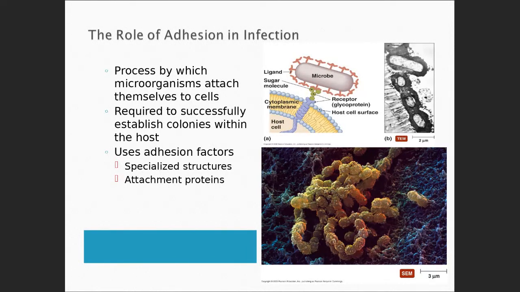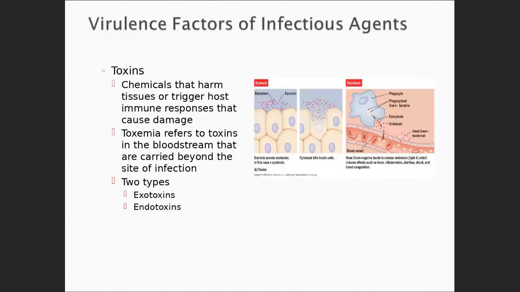These are usually proteins that do not allow infectious agents to be phagocytized by our macrophages. It can also be the capsule. You could argue that the capsule is antiphagocytic, and I would say I agree, but usually we're talking about some proteins.